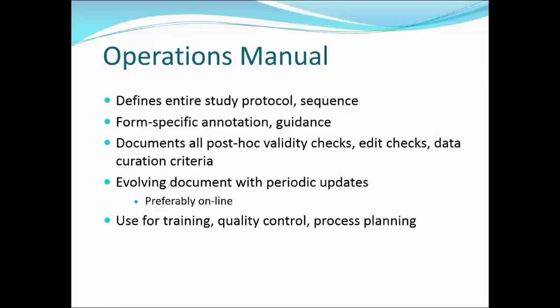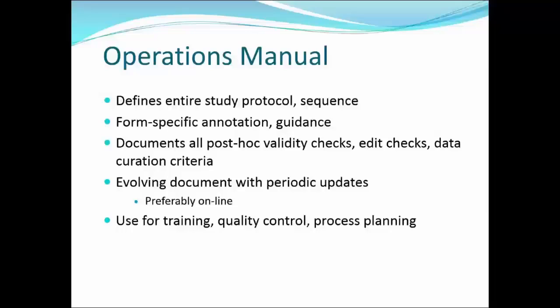When you do a study, there should be an operations manual. It doesn't have to be 3 inches thick. It can be something that's fairly quick, but it helps to make sure that everyone's on the same page. They have something to go back to if they're afraid to ask. You should have the entire study protocol there, what the sequence of events is.